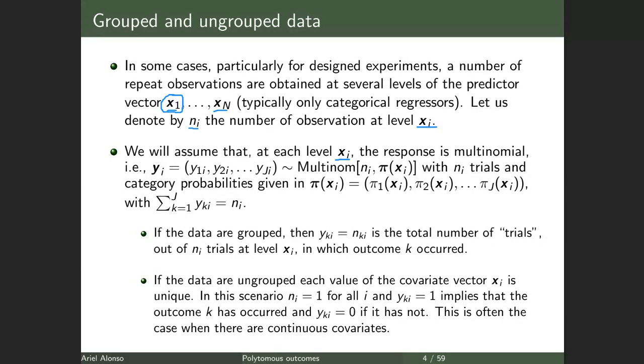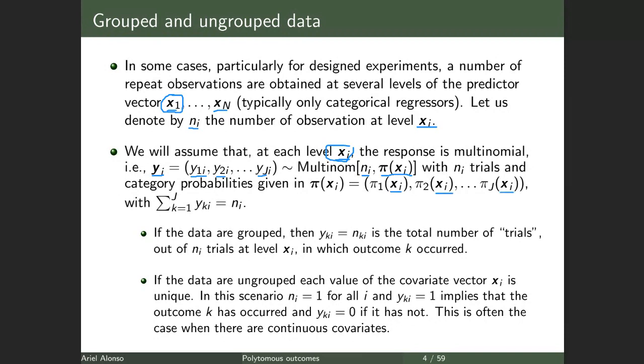Here yi is the response vector for this level of the covariates, yi = (y1i, y2i, ..., yji), and it follows a multinomial distribution with ni trials and vector of probabilities pi(xi). Note that this vector of probabilities depends on the vector of covariates.